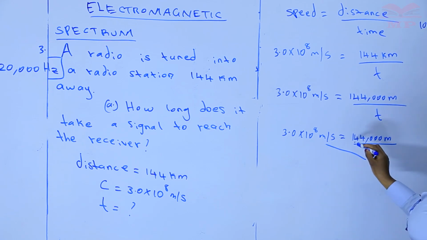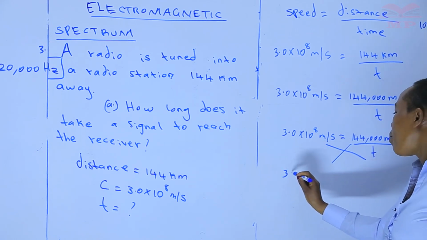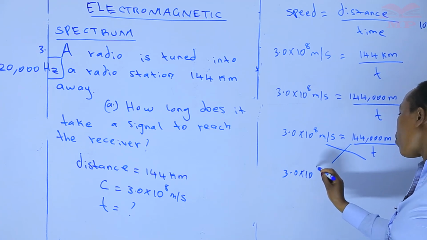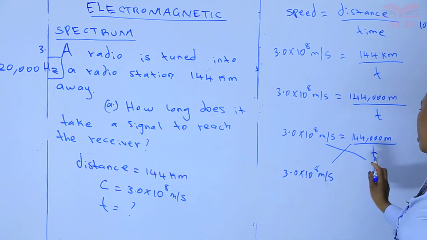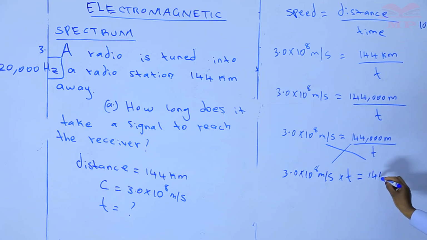So we cross multiply. We are going to have 3.0 times 10 power 8 meters per second multiplied by time equal to 144,000 meters. Remember, we still want to get the value of t, which is the time taken, or to know how long it takes the signal to reach the receiver.